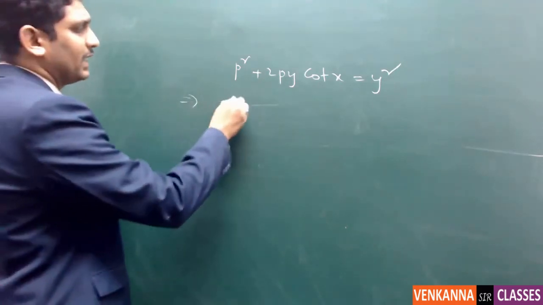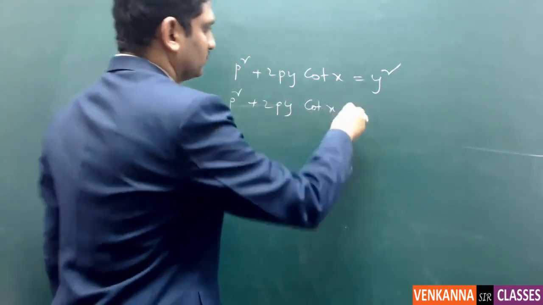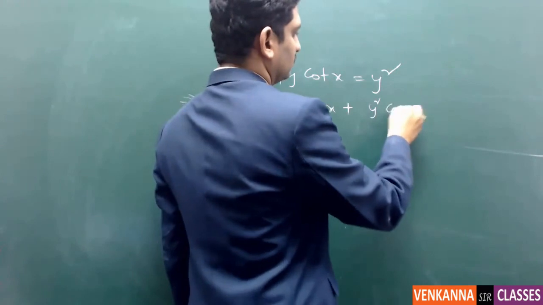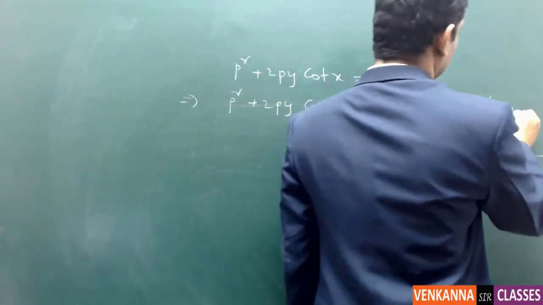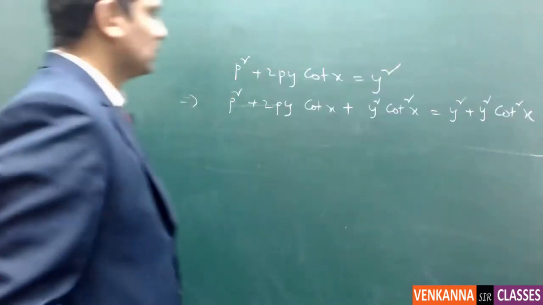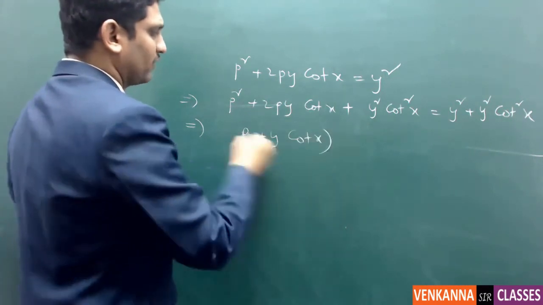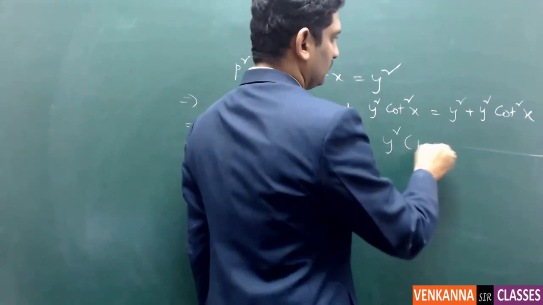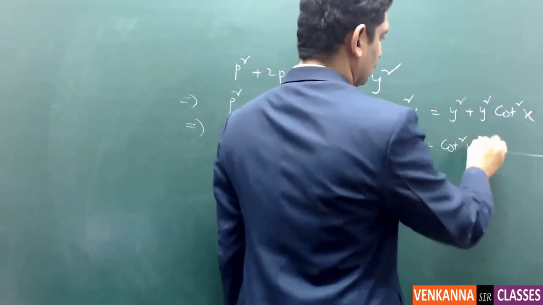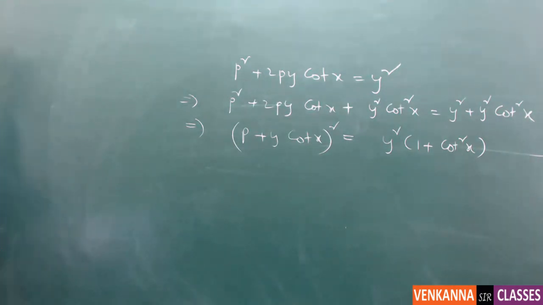So, I am going to get it as, so then I can write it as p plus y cot x whole square is equal to, am I correct there in writing that?